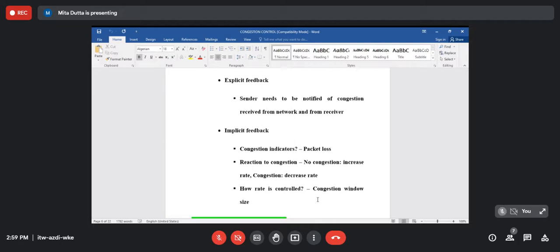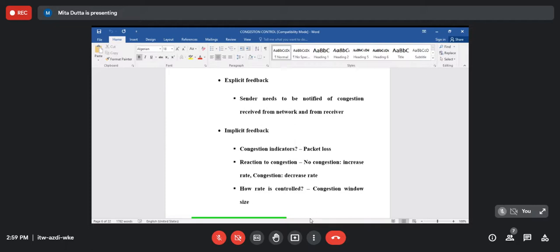That is why we call it a sliding window protocol to take care of flow.